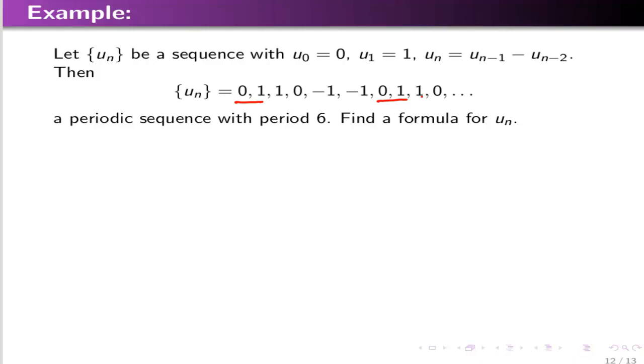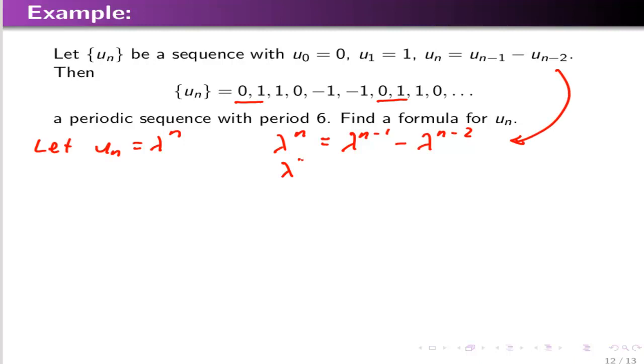Now our theorem gives us an explicit formula, so let's see what the theorem actually gives us. So this time you let U_n be lambda to the n, and we look at the associated quadratic. I always just go back to scratch when I do these. Okay, so that's the recurrence right there. And so you get lambda squared is lambda minus 1. Lambda squared minus lambda plus 1 is 0.